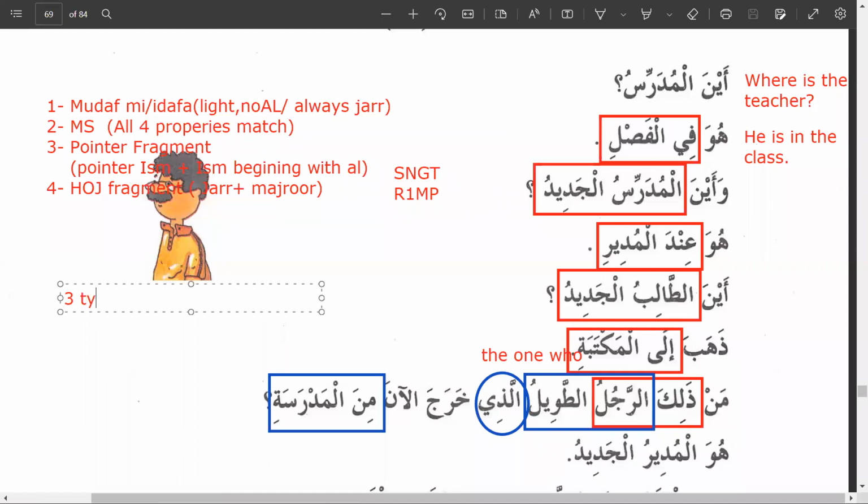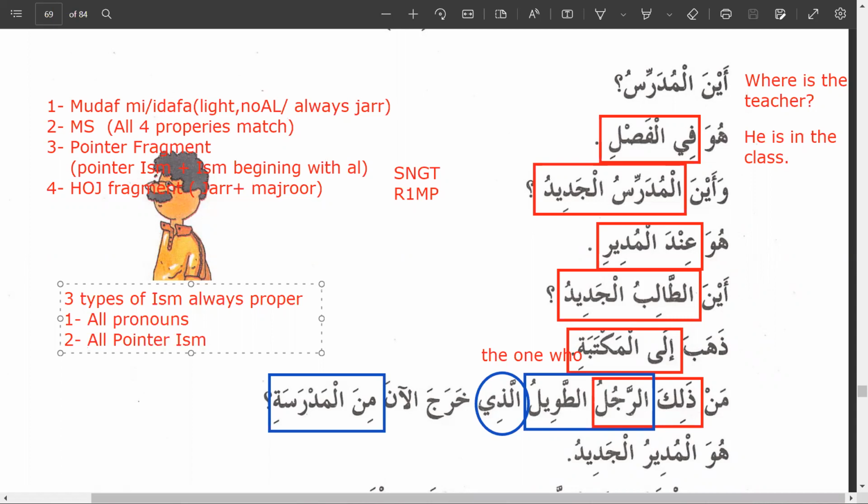Three types of ism always proper. What are they? All pronouns. Then pointer ism.